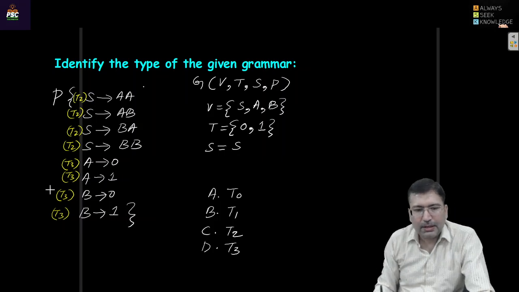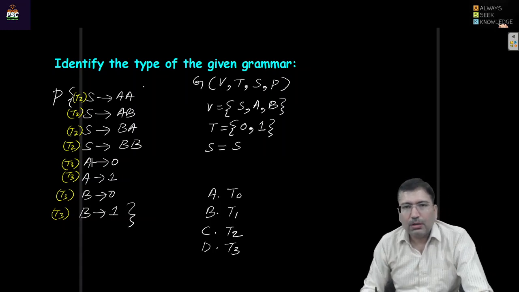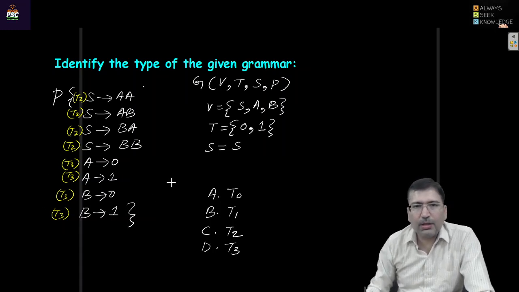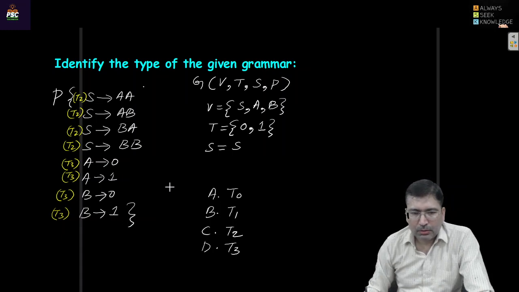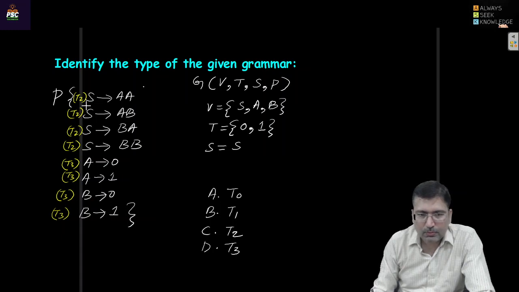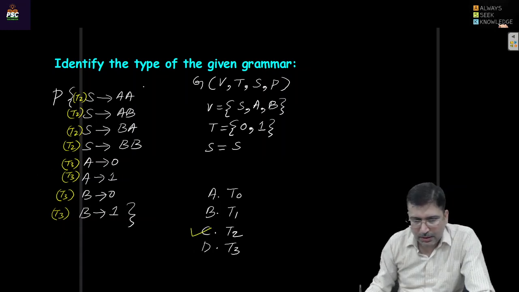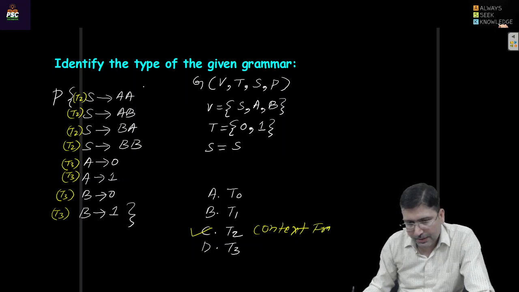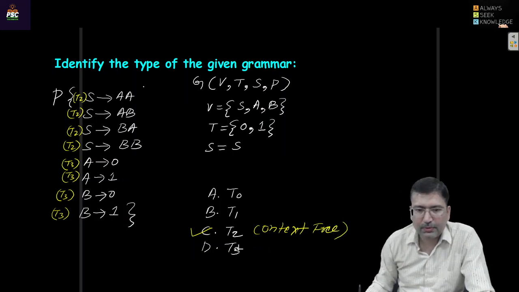Now if half of the rules are type 3 and half are type 2, in which category should we claim this grammar? We know that T3 is a subset of T2, so if we claim this grammar as T3, it will not cover the type 2 rules. So we need to claim this grammar as T2. The answer is that it is a context-free grammar.